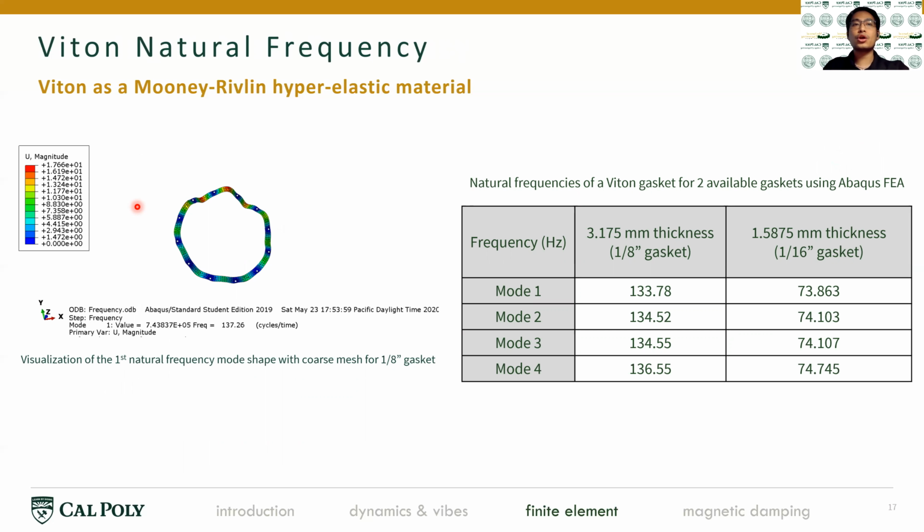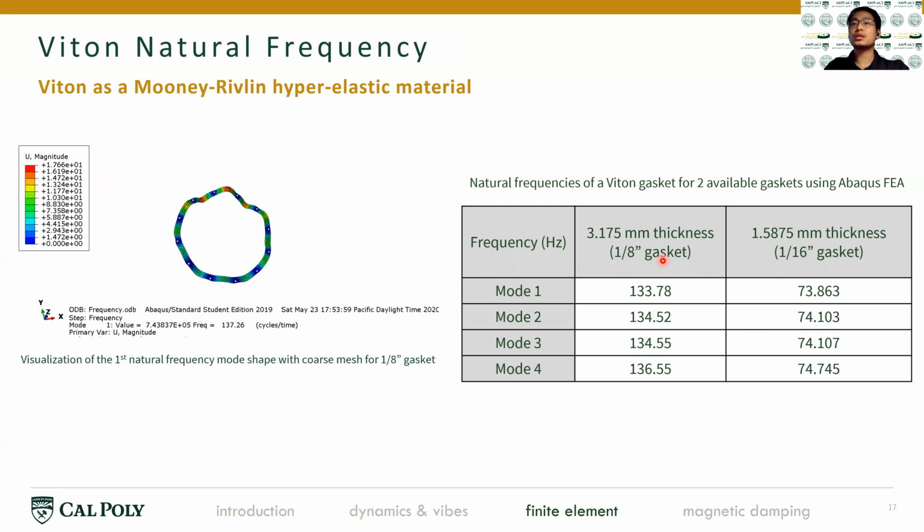And it can be shown here that for the first natural frequency and the following natural frequencies of the Viton gasket, the thicker one will have a higher natural frequency. So this indicates that we should go toward the 1/8 inch gasket because it has a higher natural frequency.